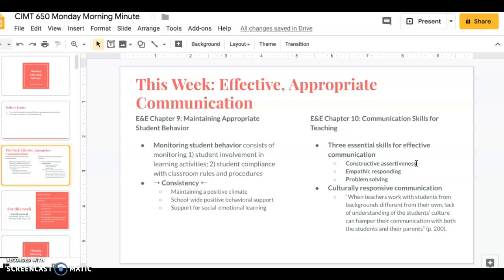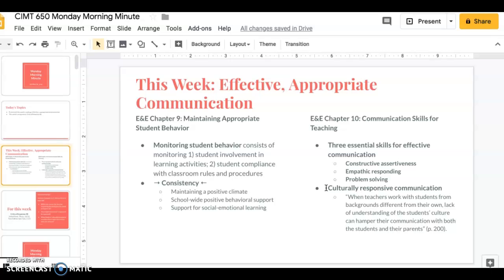An interesting intellectual exercise. I also wanted to touch on something that is only dealt with briefly in chapter 10. I wish that it was more of a foundational topic. In my view, culturally responsive communication is the foundation from which we're thinking about effective communication.